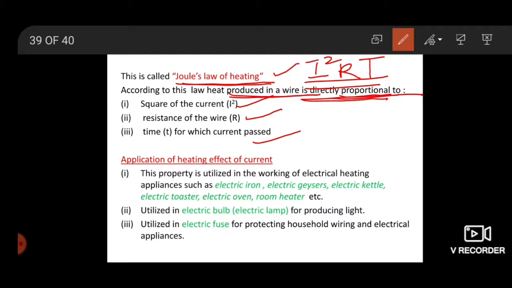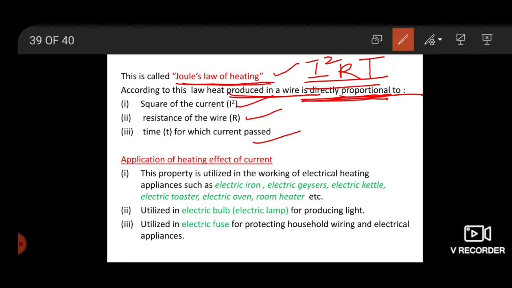Directly proportional means that when we increase the amount of current, the amount of heat produced also increases. When we increase the resistance of the wire, the amount of heat produced also increases.